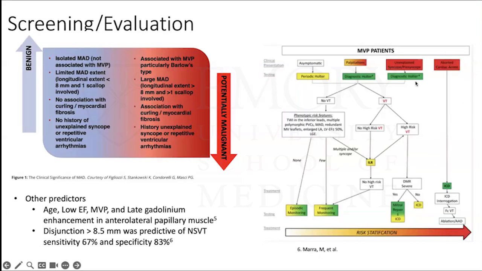So back to this decision-making table. I won't go through all of it. As you can see, it's a lot of different areas, but in patients without VT, so if they already have VT, we're already down a different pathway here, we're already thinking about our higher risk features. So this talks about EKG features, including T-wave inversions, which we saw in our patient, as well as multiple polymorphic PVCs, which we did not.